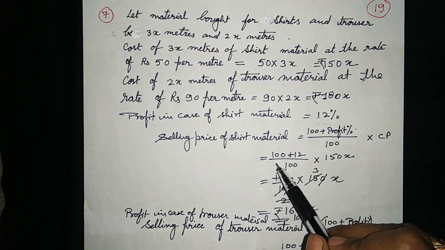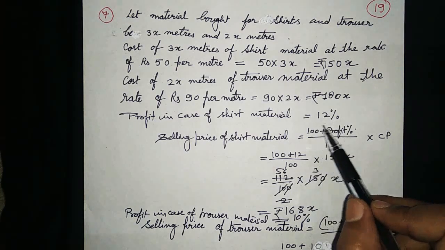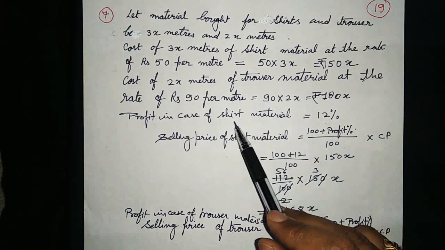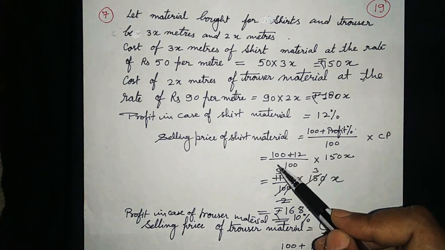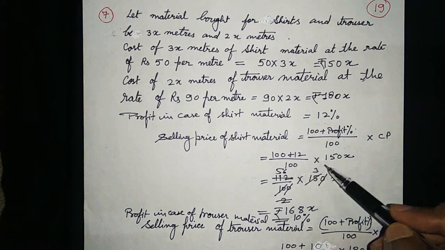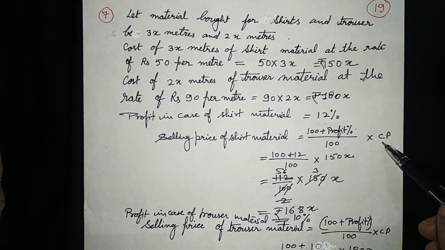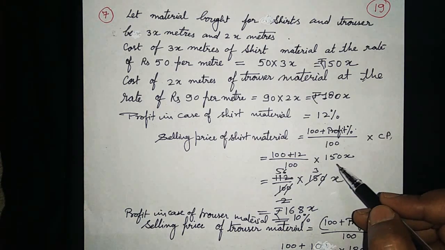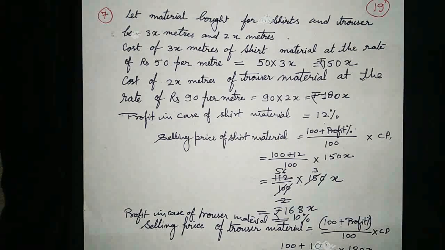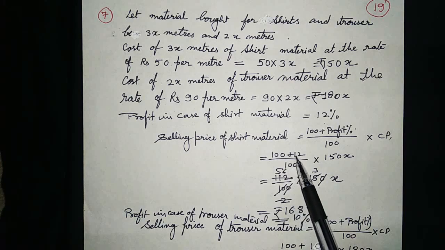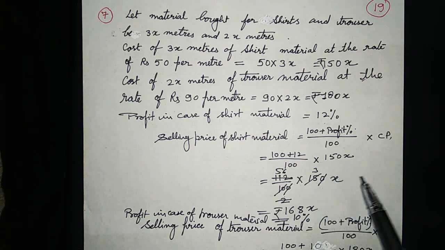So the 100 we will write, and 12% profit is for shirt material. So here we will write 12, and (100 plus 12) upon 100 into, in place of CP, we will write 150x. Okay. Now in the next step, 100 plus 12 is 112 upon 100 multiplied by 150x. Now we will simplify.